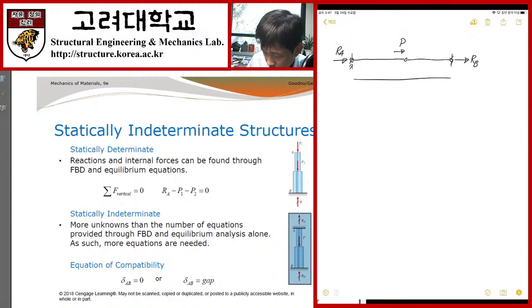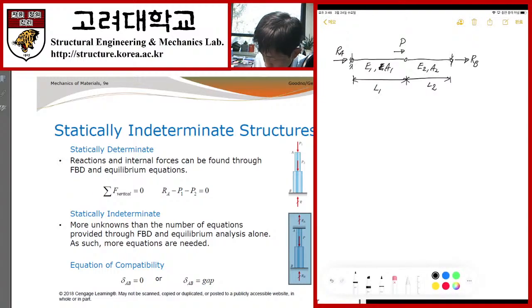And then the lengths L1 and L2, and then the material properties and cross-section areas are given in this way. Okay, so let's consider this problem.